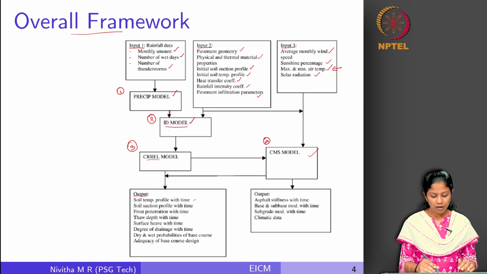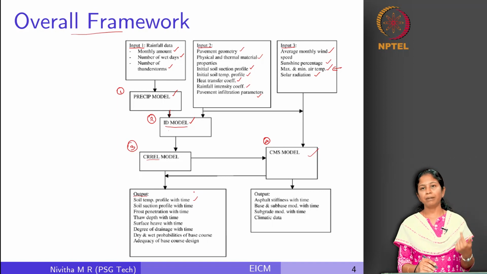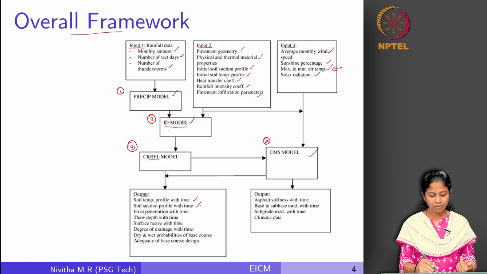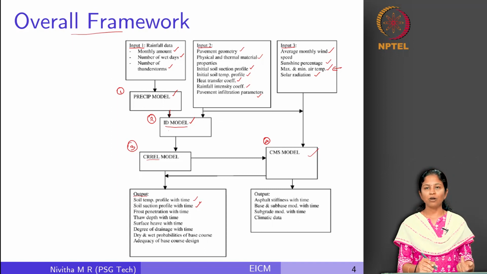What is the variation of the soil temperature profile with time, right? We have seen that the temperature variation in soil is also important for studying the freeze and thaw effects. Then the soil suction profile with time. Yesterday we saw the soil water characteristic curve, wherein we saw the relation between suction capacity and the water content present in the soil. So this suction profile will be obtained, from which we can get the water content in soil.